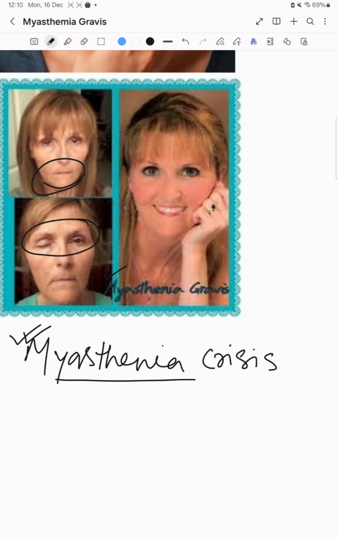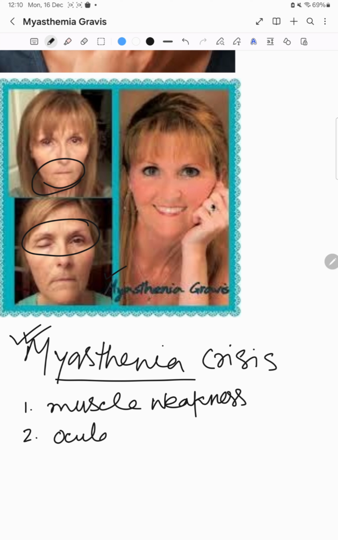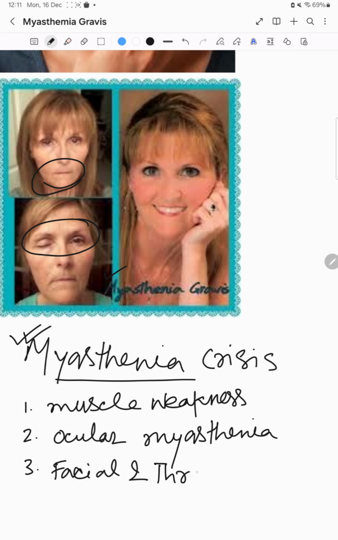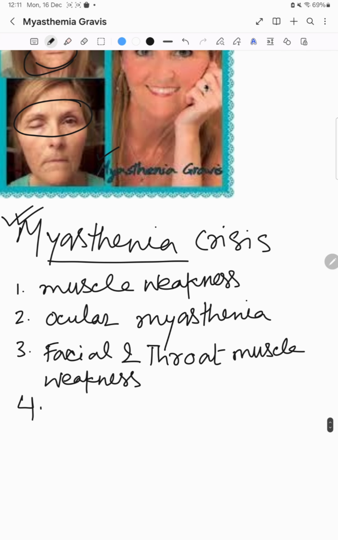These are the symptoms. First one is muscle weakness. Second is the eye related symptoms, that is ocular myasthenia. Third one is facial and throat muscle weakness. Fourth is neck and limb weakness.